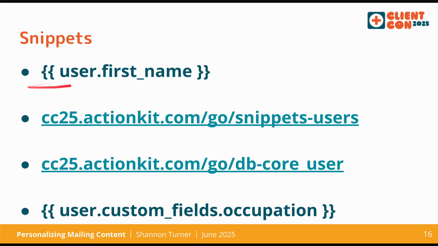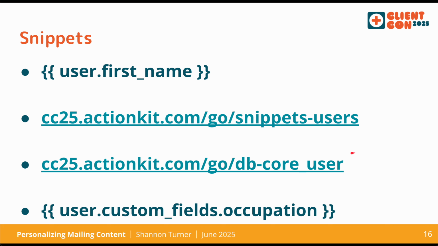So to recap, we have our snippet here. There are a ton more snippets that are available in the snippets menu, and you can click here to see a bunch of them that are available for you to use. This second link goes to the database reference on users, and any column in the user table could also be used as a snippet.